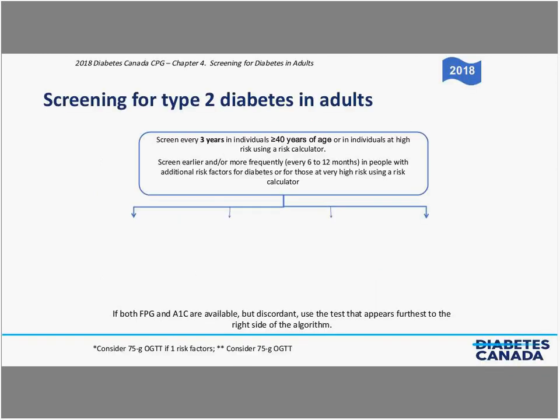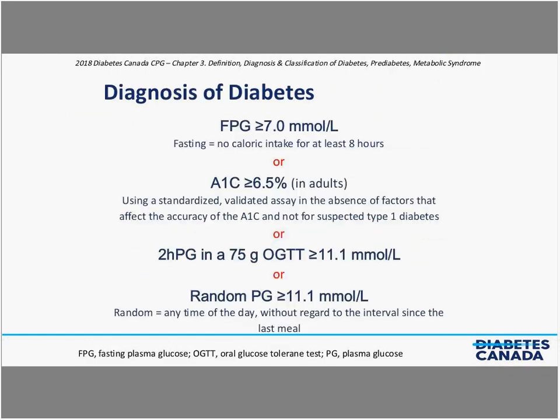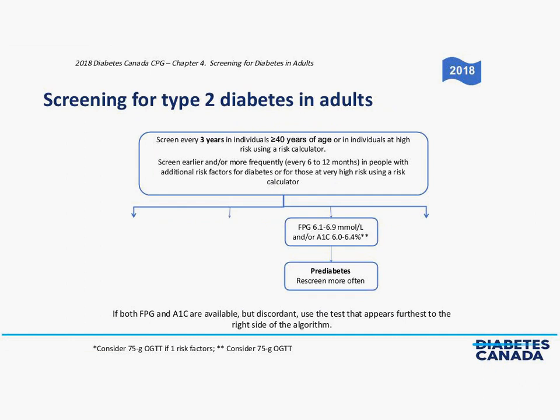So as far as the recognized aspect of things, the screening recommendations are not different from before. The guidelines are for patients over the age of 40, so 40 and above, screening with a fasting plasma glucose or a hemoglobin A1C every 3 years would be considered appropriate, and starting the screening earlier if patients have a high risk for diabetes based on a number of clinical risk factors.